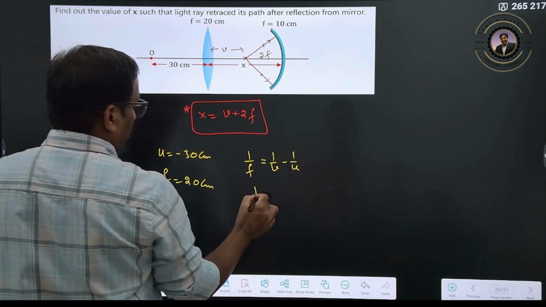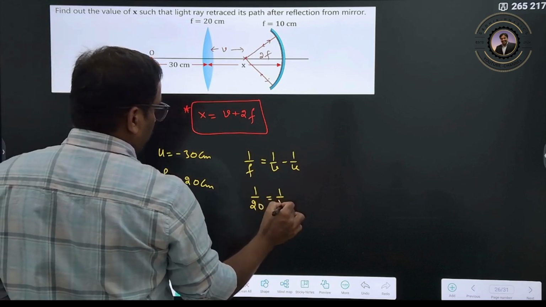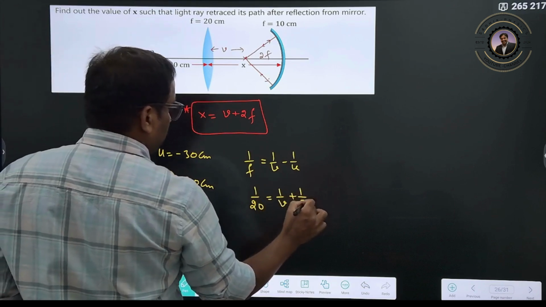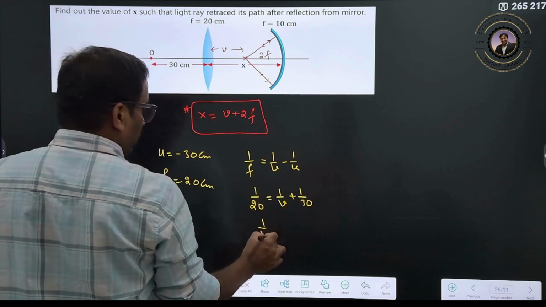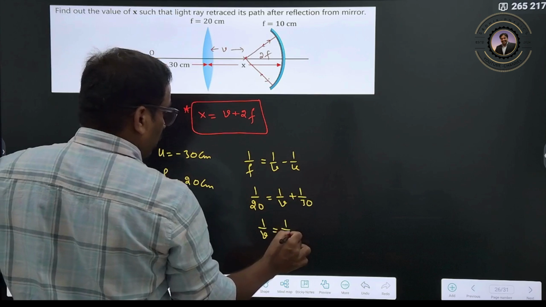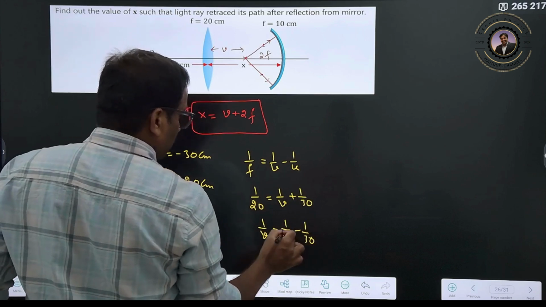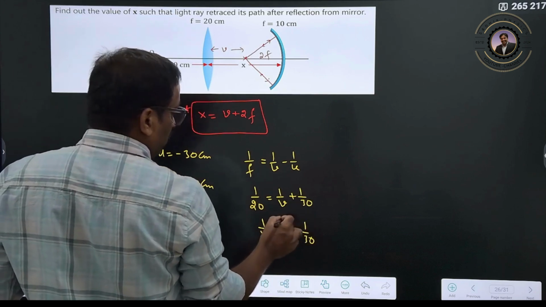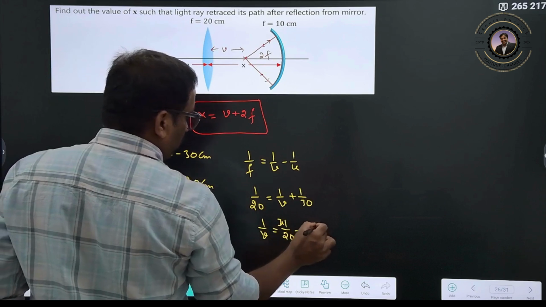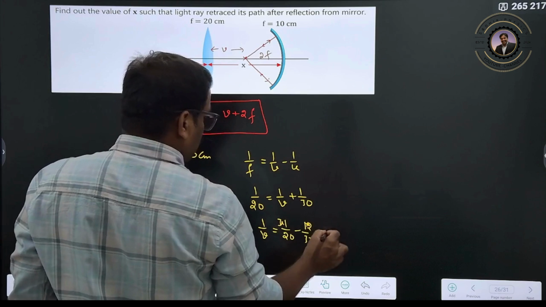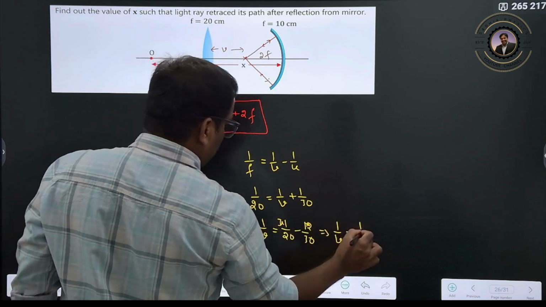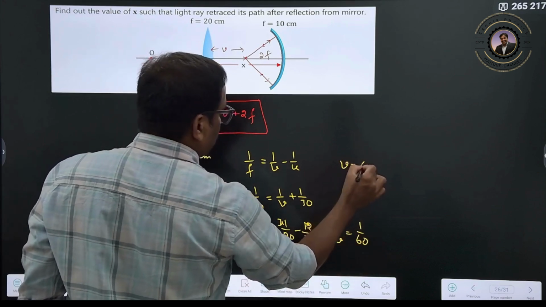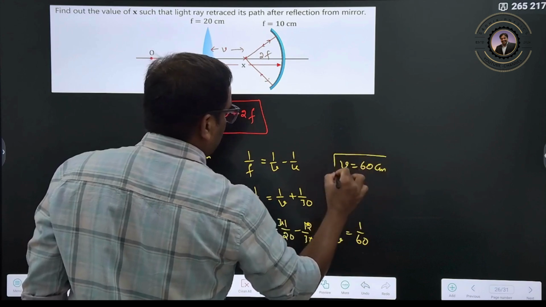So 1 by 20 is equal to 1 by v plus 1 by 30. So 1 by v is equal to 1 by 20 minus 1 by 30. We can make it 60, multiply by 3 and by 2. So 3 minus 2, therefore 1 by v is equal to 1 by 60. So v is equal to 60 centimeter.